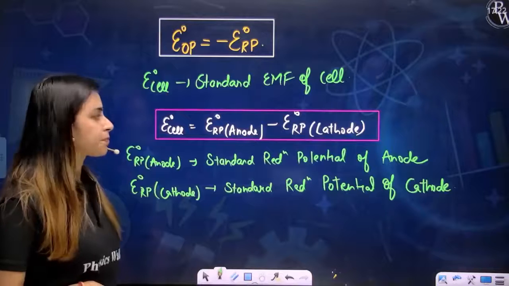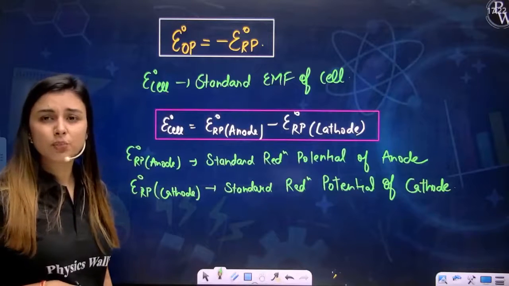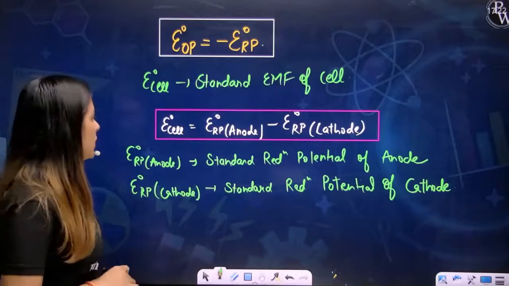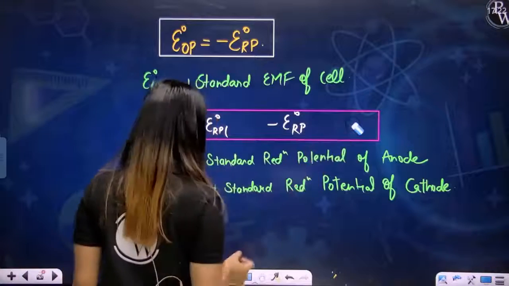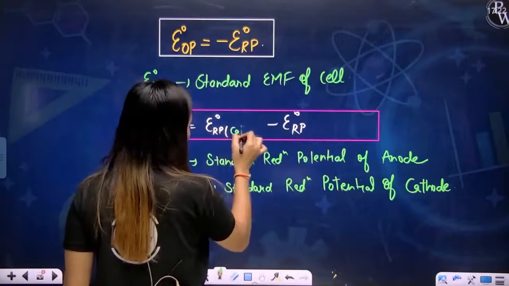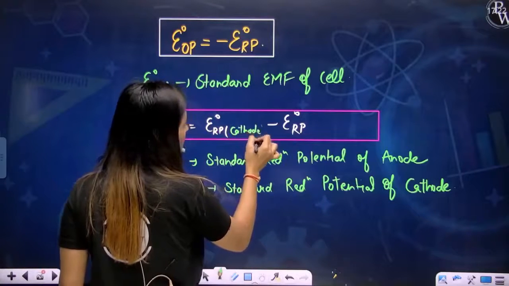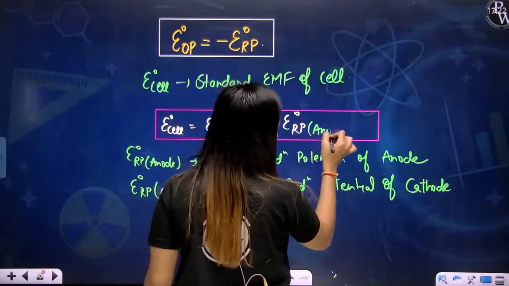Okay. I hope this is clear with you. Here, my dear students, you just need to change it. I'm sorry. It will be E naught of cell equals E naught reduction potential of cathode minus E naught reduction potential of anode.